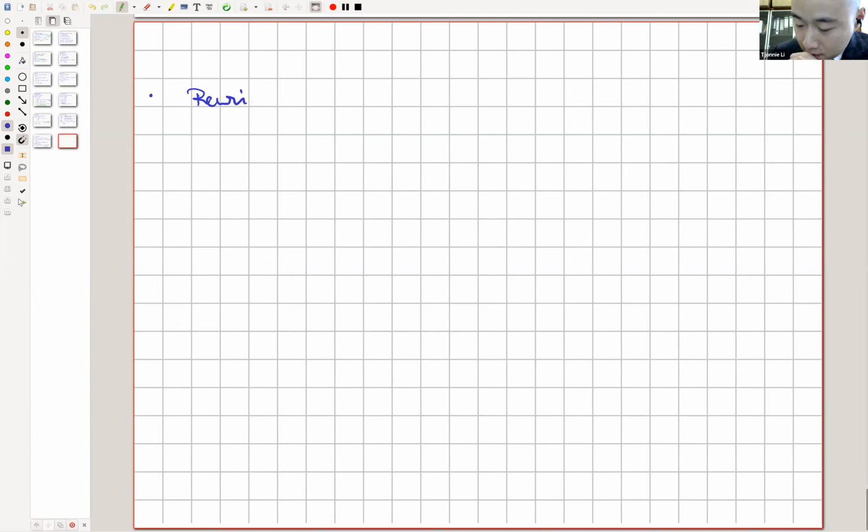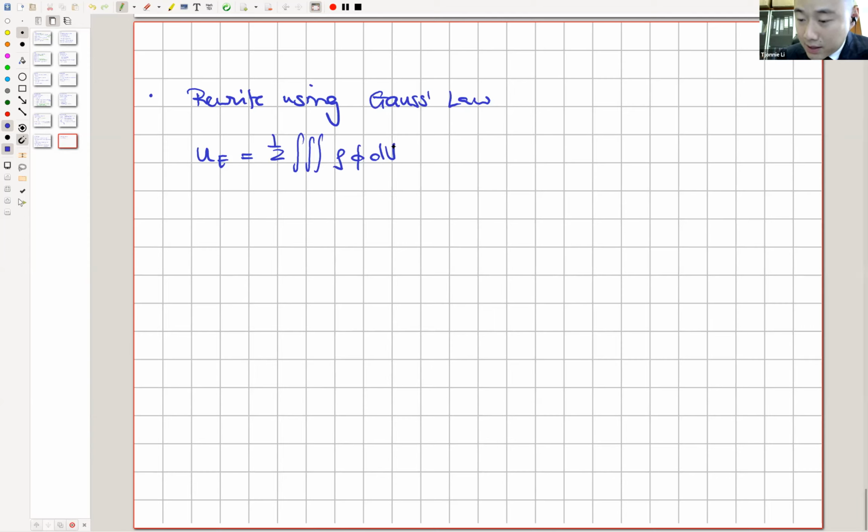I get U_E, the potential energy in the field, is a half triple integral of rho phi dV. This is the result that we had from the last slide. And now I can write this in terms of phi by simply using Gauss's law.